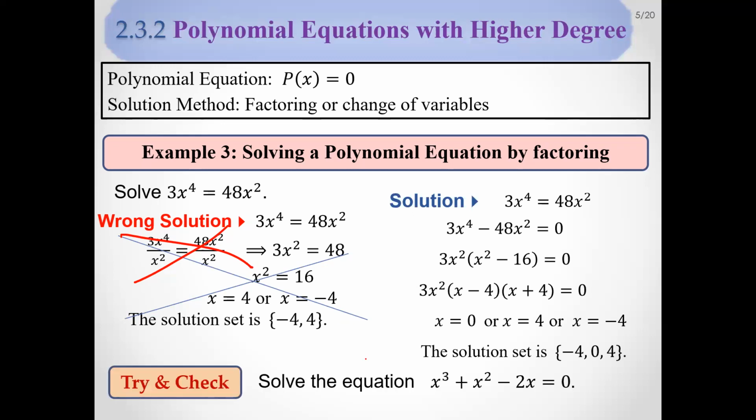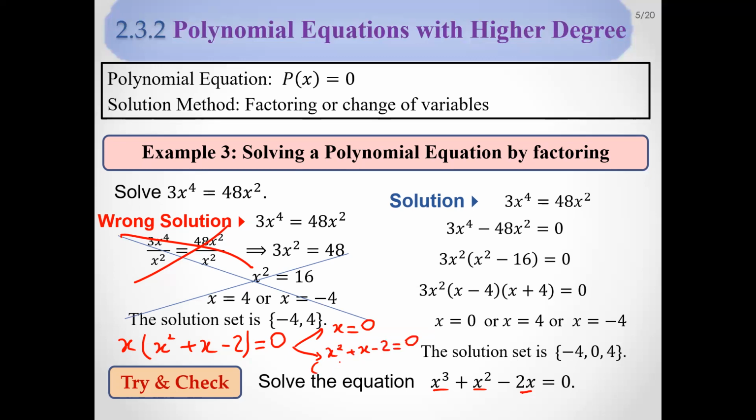Another equation, x cubed plus x squared minus x equals 0. So here also we try to factor. So here x is a common factor. That leaves x cubed, so x squared plus x minus 2 equals 0. So which gives x equals 0 or x squared plus x minus 2 equals 0.